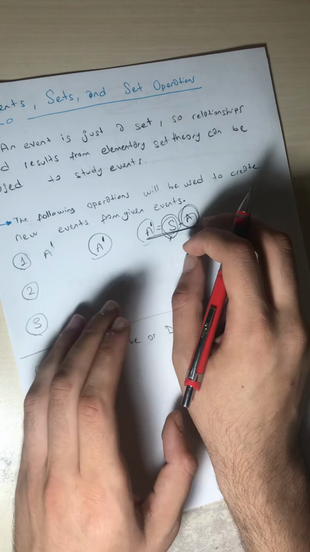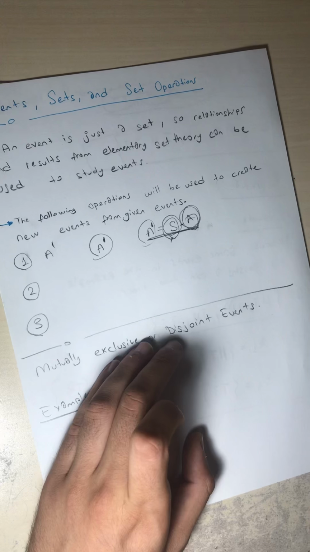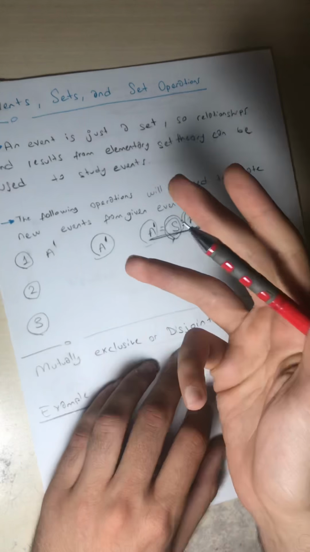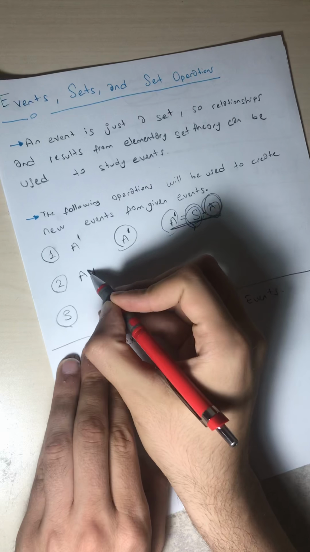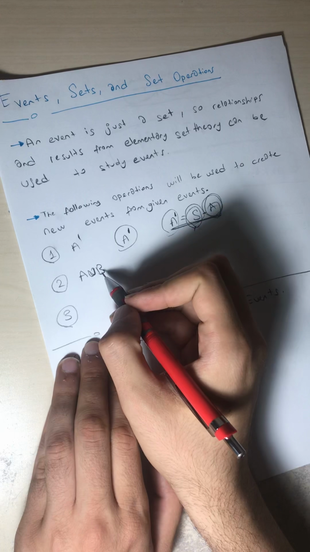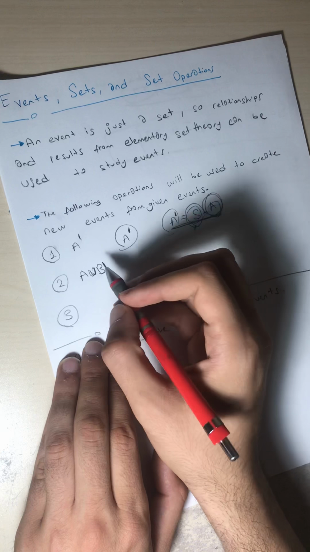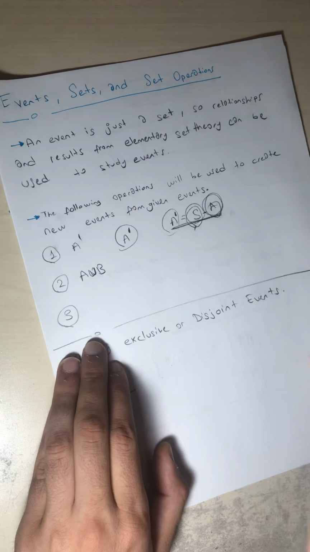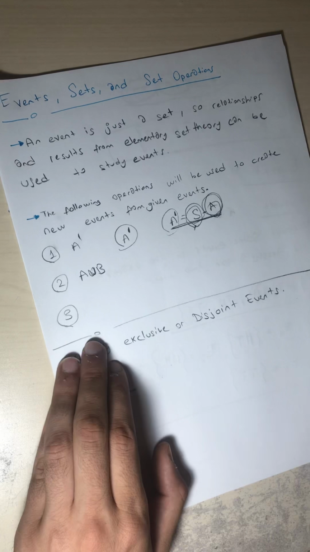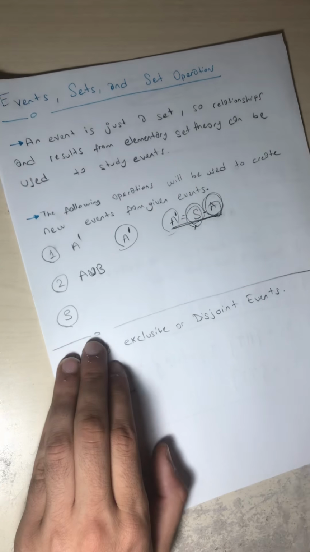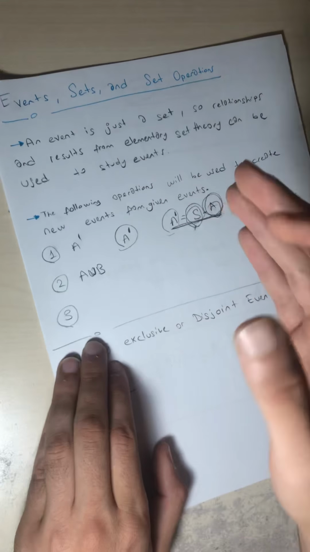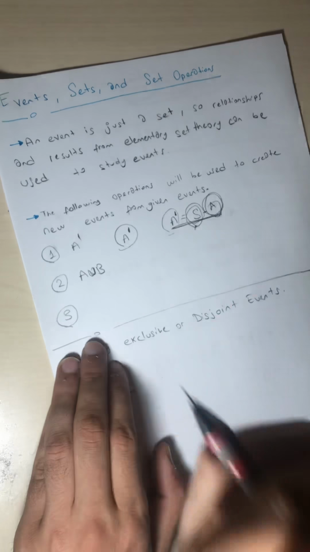Okay, the second one is the union. The union of two events A and B, denoted by A union B, and we will read it A or B, is the event consisting of all outcomes that are either in A or in B, or both, so that the union includes outcomes for which both A and B occur as well as outcomes for which exactly one occurs.